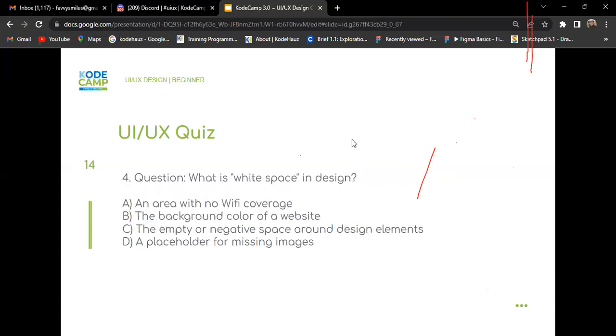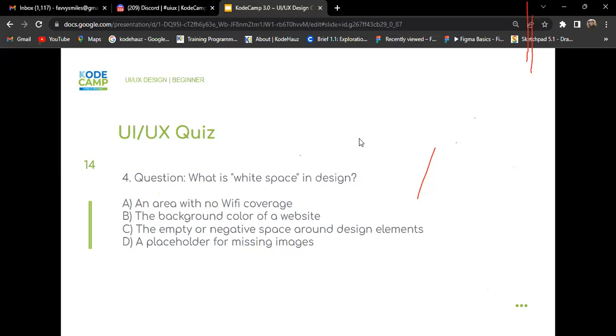Next question, what is white space in design? What is white space in design? Bleeded. Okay, that was fast. A, an area with no Wi-Fi coverage.